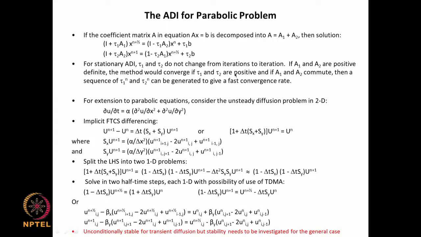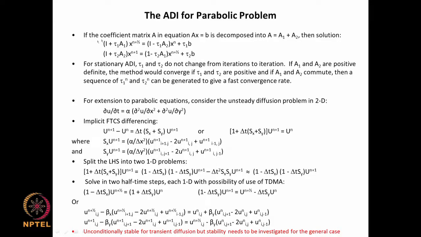Okay. So we can generalize this ADI method. If you take Ax equal to b and decompose it into A1 plus A2, then we can put it in this particular form, where (1 + tau1 A1) x^(n+1/2) = (1 − tau1 A2) x^n + tau1 b, and (1 + tau2 A2) x^(n+1) = (1 − tau2 A1) x^(n+1/2) + tau2 b.